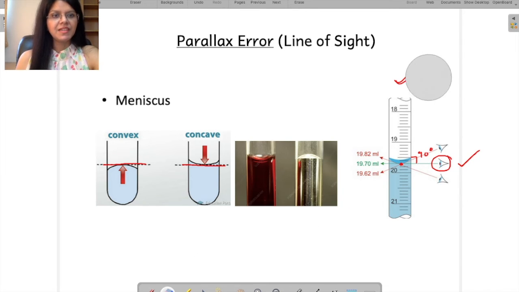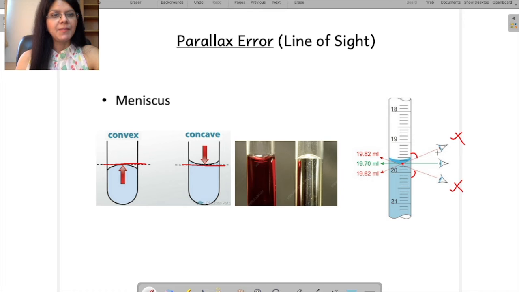However, if you look at the eye position, which is this and this, the line of sight all the way from the eye to the meniscus is not 90 degrees. It's not 90 degrees. So therefore these readings are wrong.